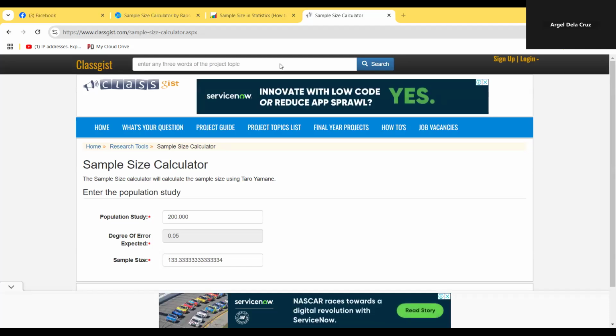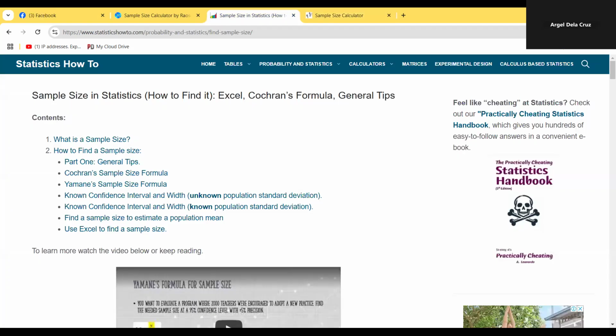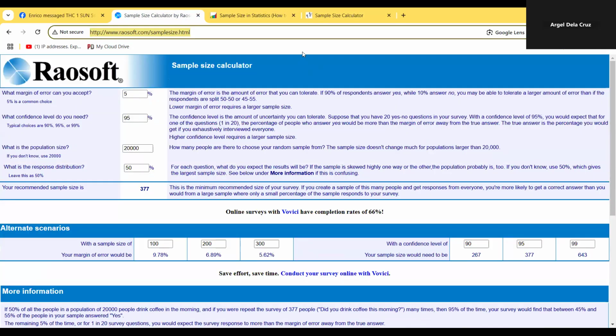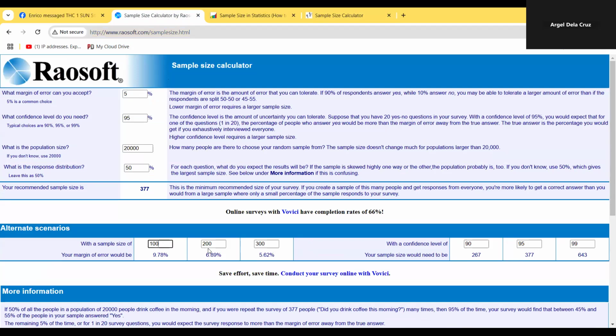Let me just check it. Ito pala. Nandito pala. Sorry. Nandito rin pala. Okay, Raosoft. So let's say your sample size. So what's your margin of error? That's 5 and confidence level is 95. Okay.